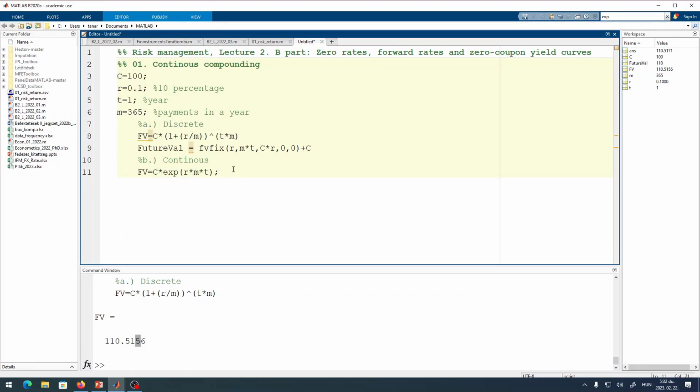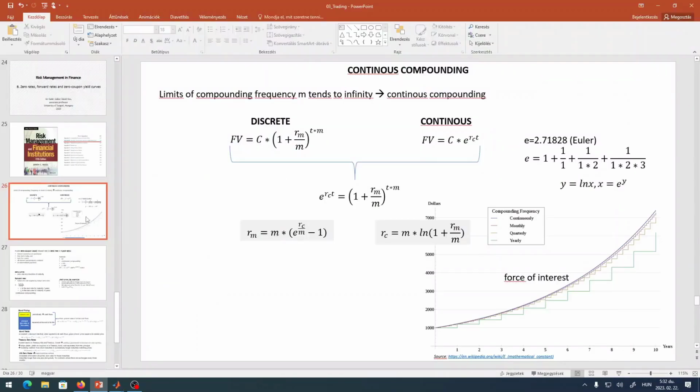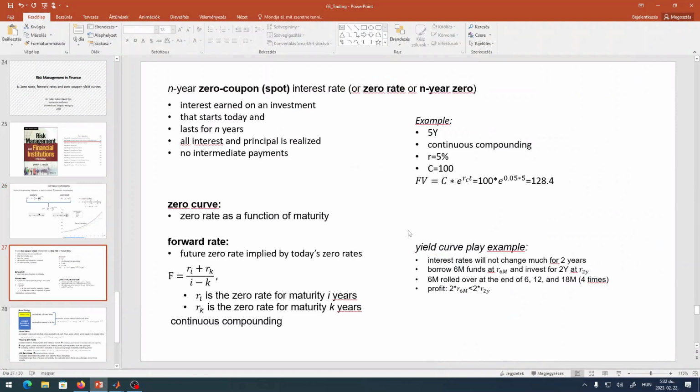That's why we are using continuous, because from a modeling point of view it's easier, but we should not forget that.